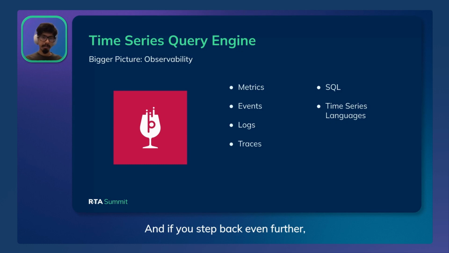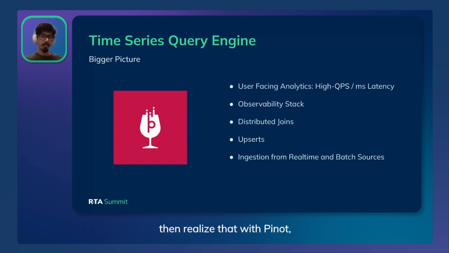And if you step back even further, you realize that with Pinot, you get user-facing analytics, high QPS, millisecond latencies. You get a complete observability stack in the sense that you can support observability on events, metrics, traces, logs, and what have you. And you can use your own query language, or you can use SQL as it is supported in Pinot. Then you have support for distributed joins, which can be powerful for some power users or some marketing kind of use cases, or a bunch of other use cases where data is partitioned and you just want to do joins. Those are still supported.